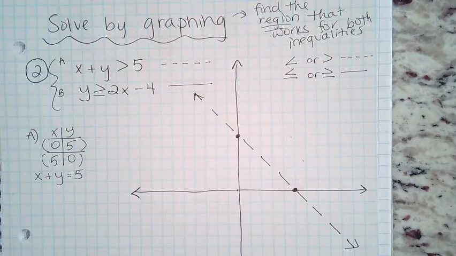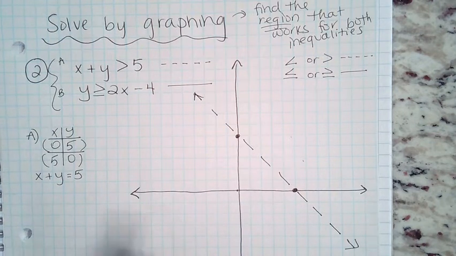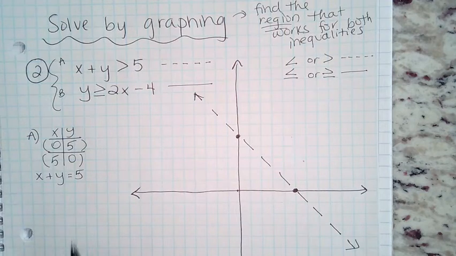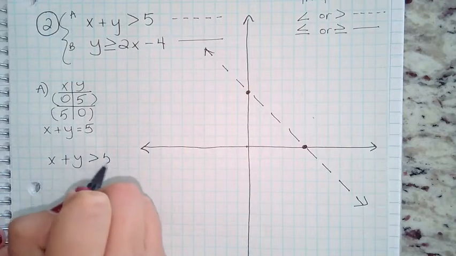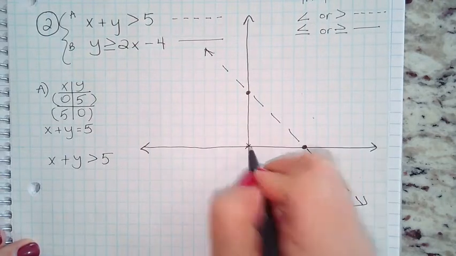Okay, some of you have seen me throughout these classes kind of mess up if I try and do too much. So right now what I'm going to do is I'm going to do my test point for A. So for A, if I look at x plus y is greater than 5, well, I'm going to use 0, 0 as my test point.